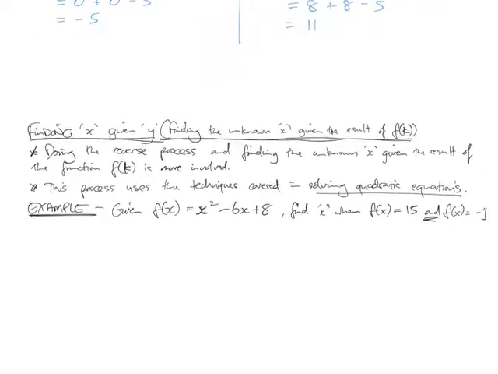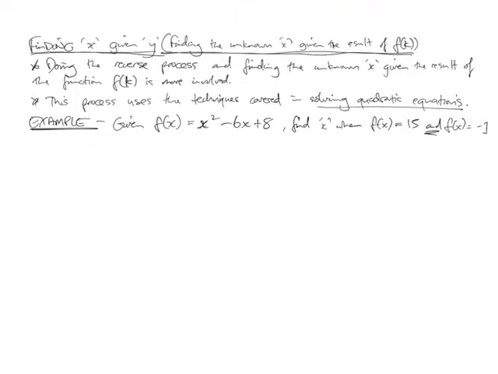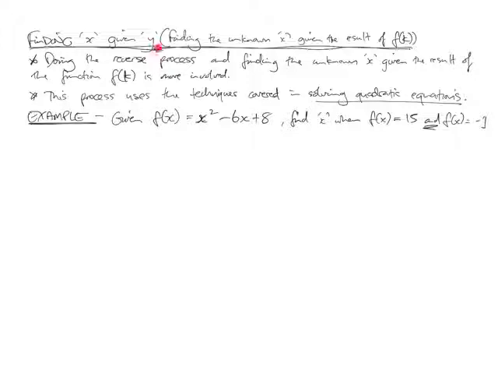The next thing that we have to be able to do is a bit harder. So finding x given y. So finding the unknown x given the result of f(k). So doing the reverse process of what we just did above, finding the unknown given the result of the function, is more involved.